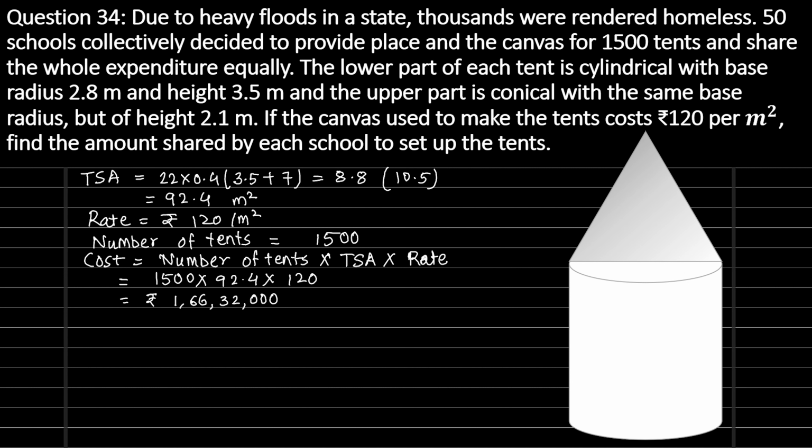Now, there were 50 schools which collectively decided to provide the place, right? So the amount shared by each school to make tents will be equal to cost divided by number of schools.